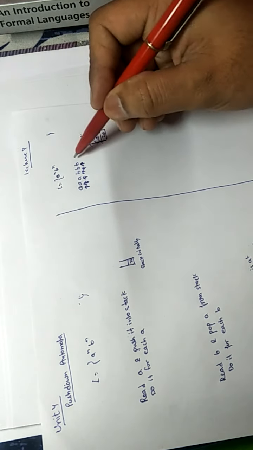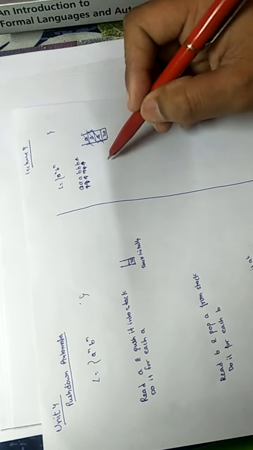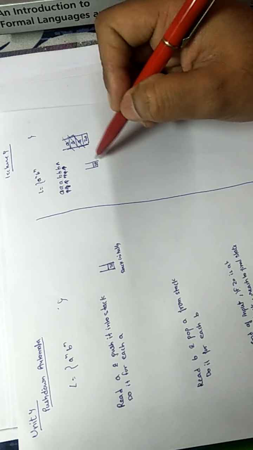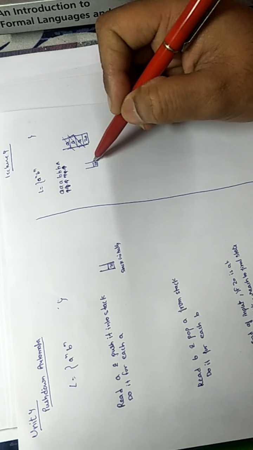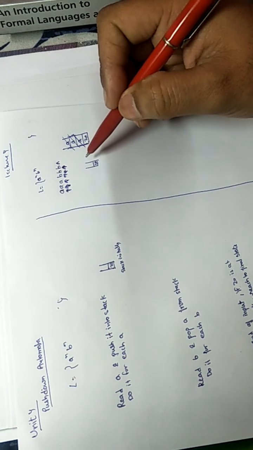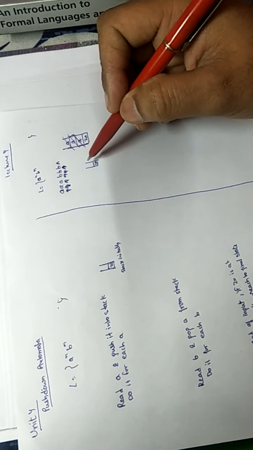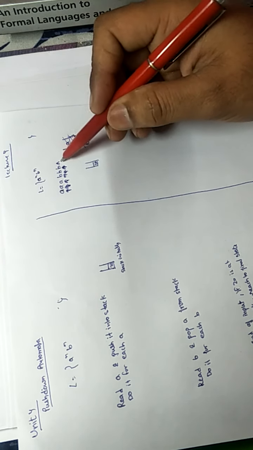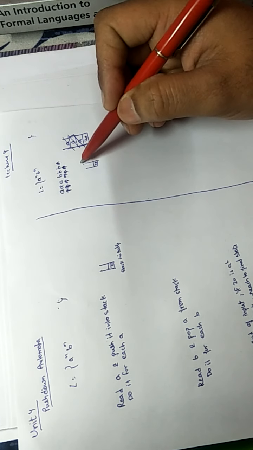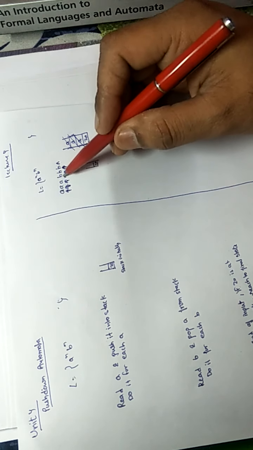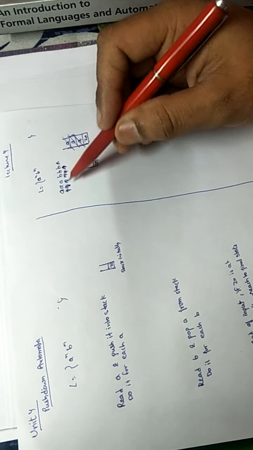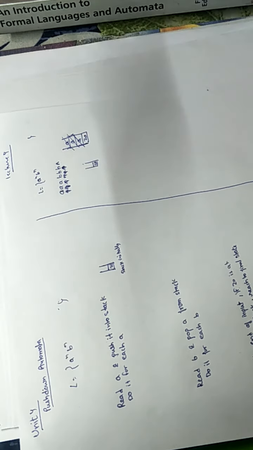Now at the end of the input there is epsilon, and we reach the same stack position as the initial one. So in this condition we are sure that the number of A's is equal to the number of B's, because for each B we pop an A.